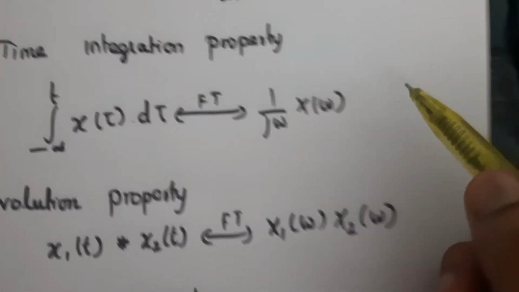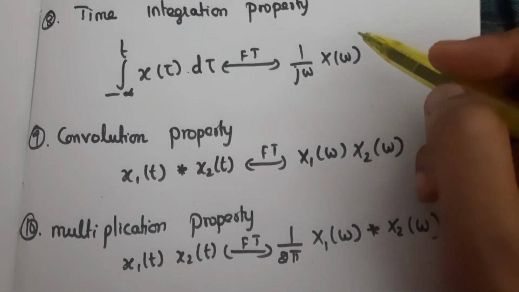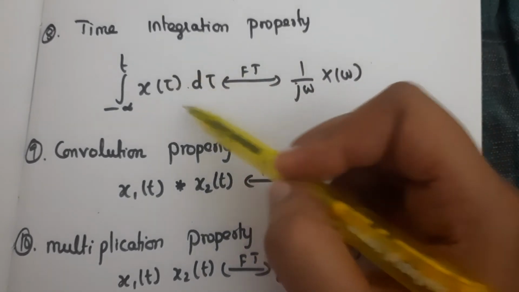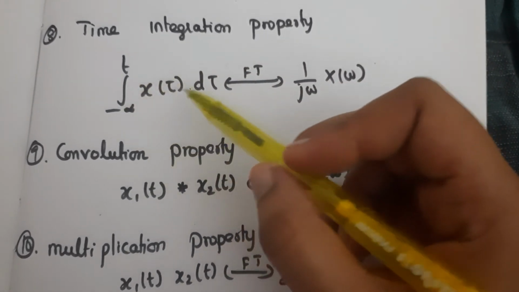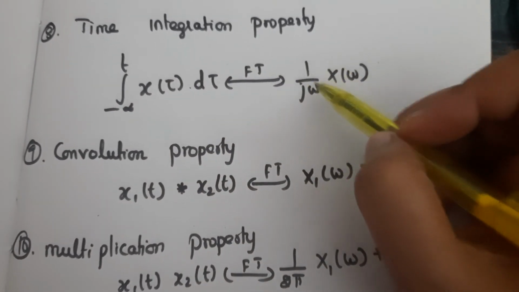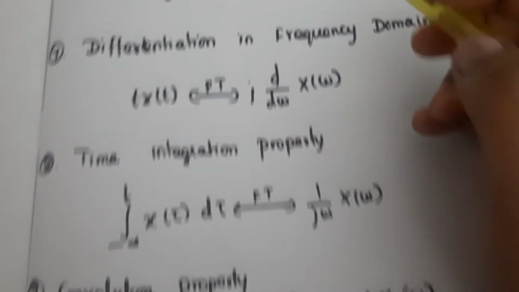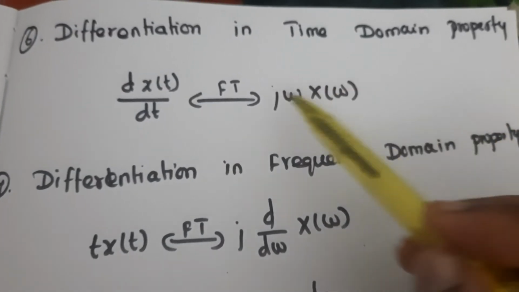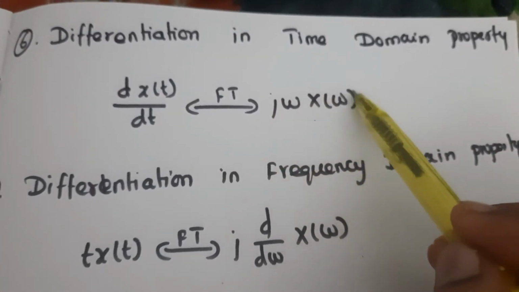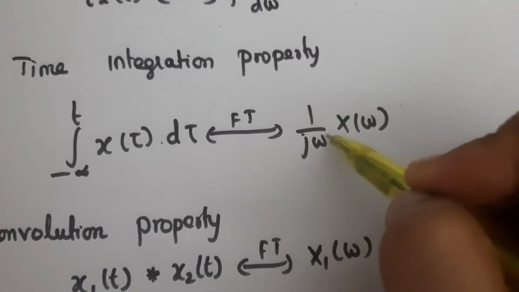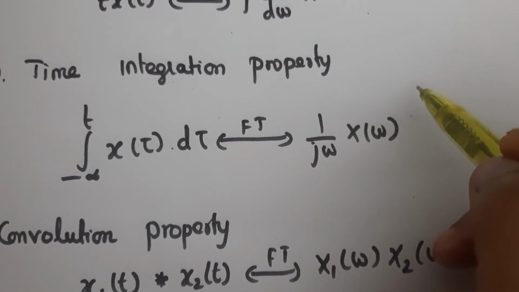And next property, the time integration property. If the signal is integrated over time, the Fourier transform becomes 1 by j omega into X of omega. We know that differentiation in time domain gives j omega into X of omega; similarly, integration gives 1 by j omega into X of omega.